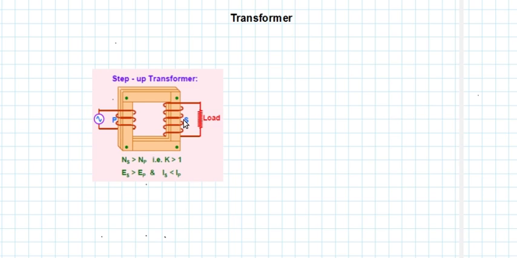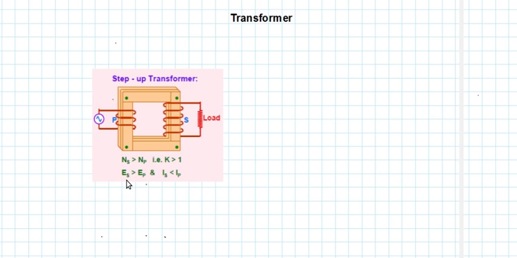So a step up transformer increases the voltage. You can see that Ns is greater than Np, therefore Es is greater than Ep, because we have the ratio Es by Ep equal to Ns by Np. Then the current is just opposite.